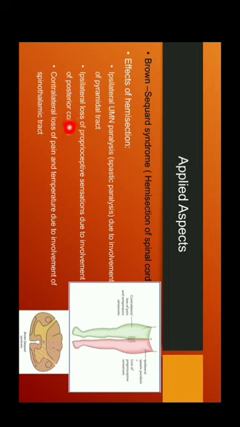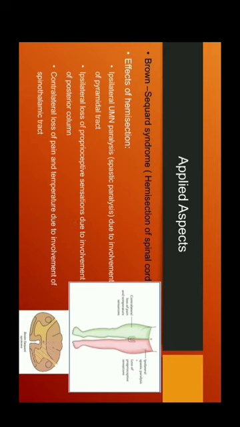The proprioceptive sensations also cross in the medulla oblongata, and we had seen that this is called the sensory decussation. That's why there is an ipsilateral loss of proprioceptive sensations in the posterior column.